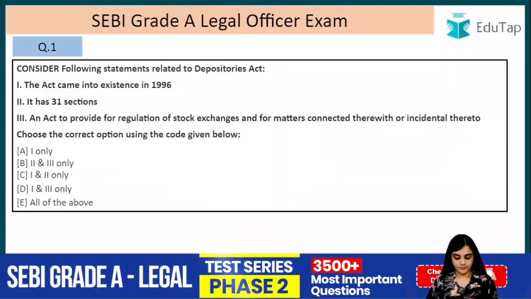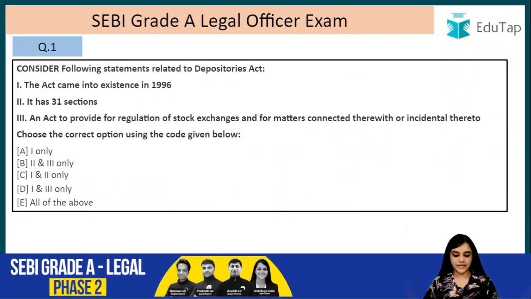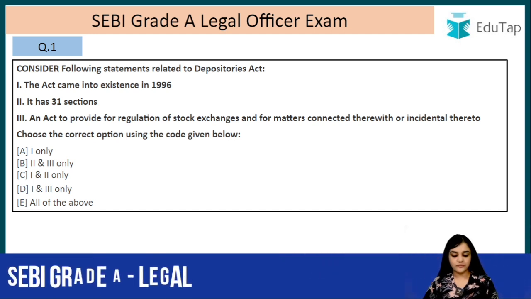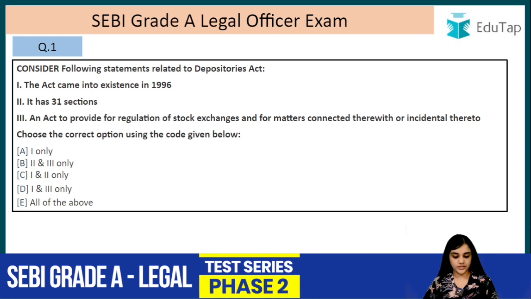Question number 1. Consider the following statements relating to the Depositories Act. First, the Act came into existence in 1996. Second, it has 31 sections. Third, an act to provide for regulation of stock exchanges and for matters connected therewith or incidental thereto.